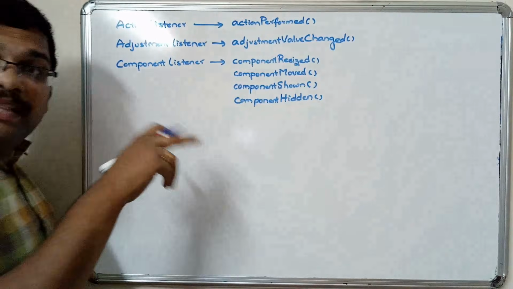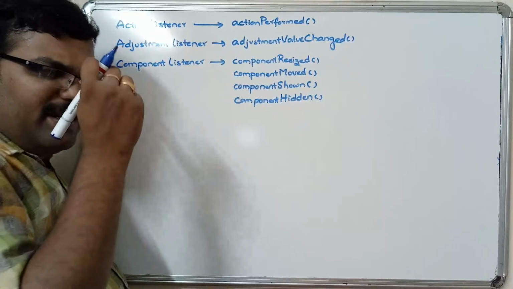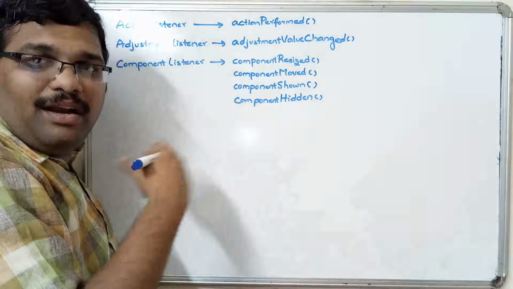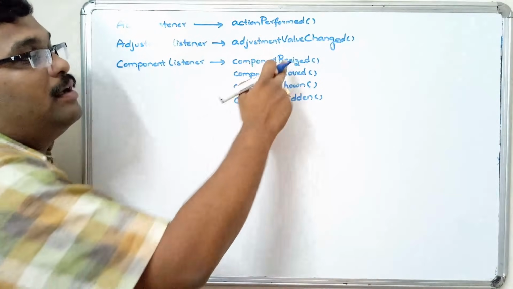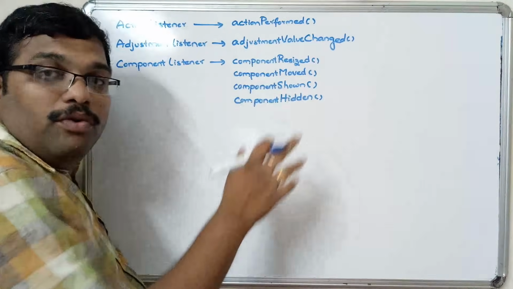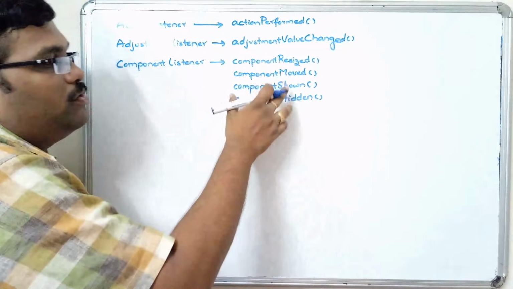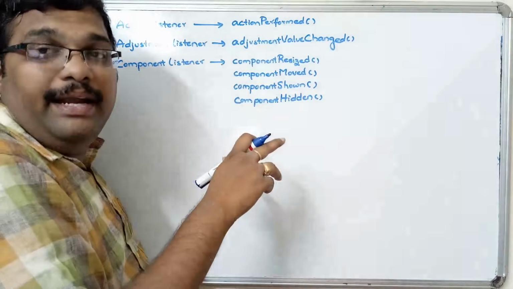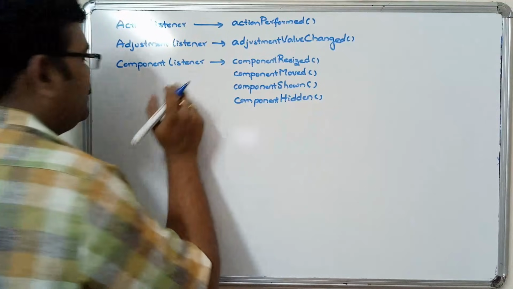These are the 4 methods available in component listener, right? Component is nothing but our buttons, text fields, scroll bars, all these are components, right? If you want to resize the button, then the componentResized method should be implemented. And with componentMoved, we can place the component anywhere in the applet or anywhere in the frame, right? With shown and hidden, we can set it as visible or we can hide it. So these are the methods available in component listener.